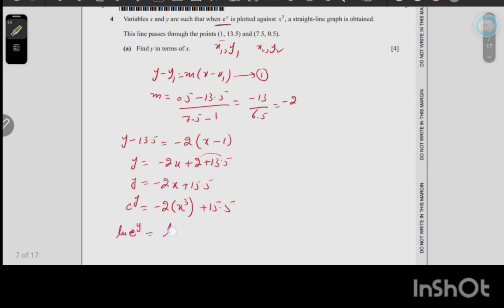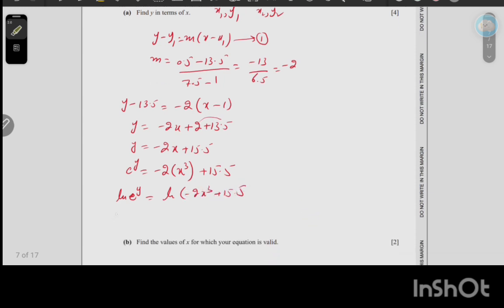So log of e^y equals log of (-2x³ + 15.5), and we apply the log property. This will be y log e = log(-2x³ + 15.5). Now log of e will be 1.